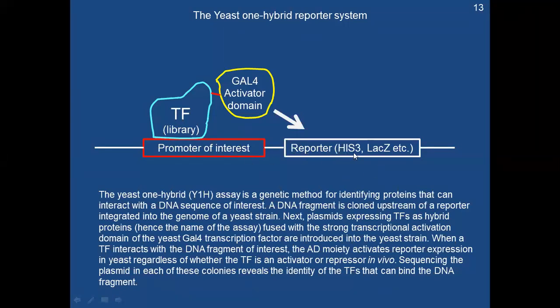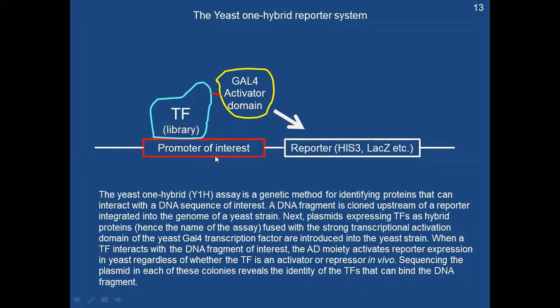The reporter, let's say, contains the His3 gene, and this is a histidine deficient medium that the yeast cells are growing on. So if the transcription factor binds to the promoter, it is going to bring GAL4 close to the reporter. His3 is going to be transcribed, the cell survives, and then we take out the cell, we clone the construct which was transfected into the cell, and we determine which transcription factor it was that bound to our promoter of interest.